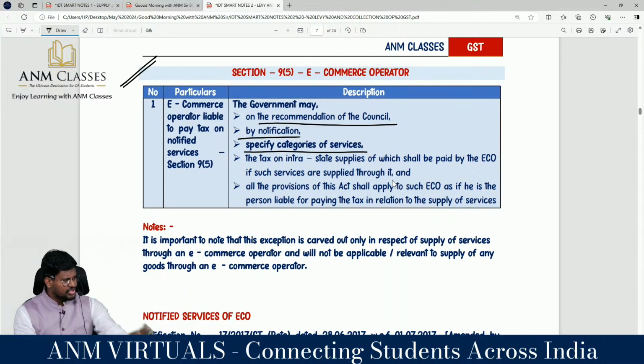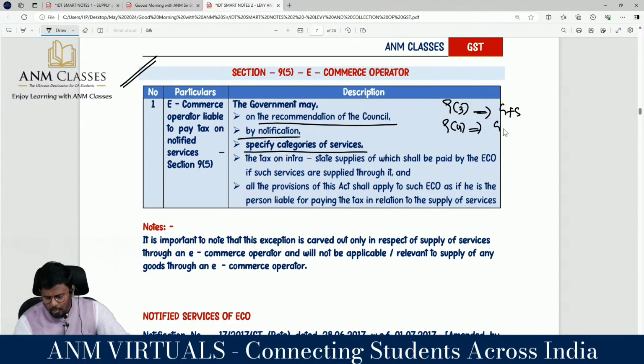In 9 subsection 5, what is not covered? Only what is covered? Sir, in 9(3) what is covered? In 9(4) what is covered? Whereas in 9 subsection 5 only services are covered and goods are not covered.